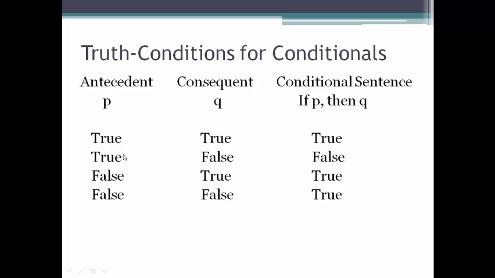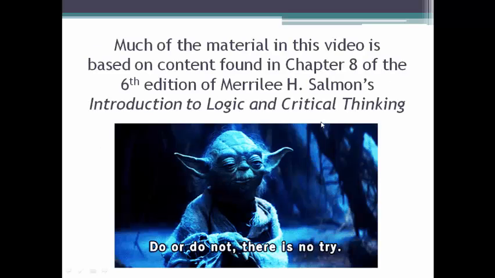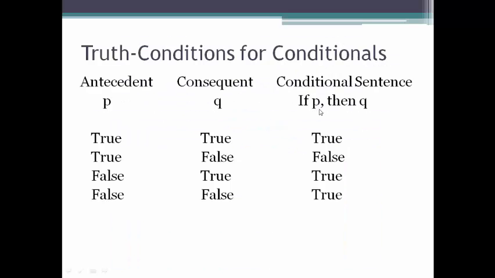But when the antecedent is true and the conclusion is false, then the entire conditional sentence will be false. So, for example, if the claim was, if Lassie is a dog, then Lassie is a hamburger, that would be false. And that follows this pattern. We've got a true antecedent, but a false consequent.